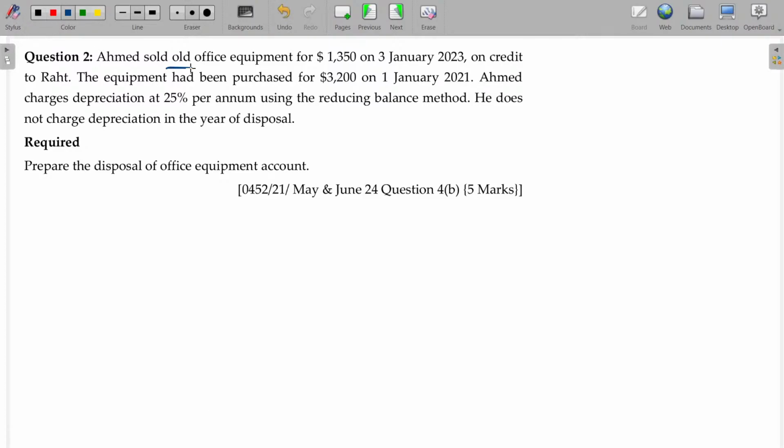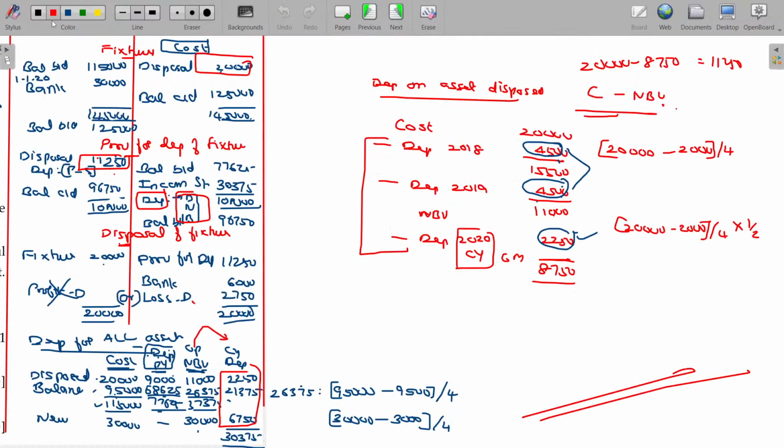Ahmed sold old office furniture for $1,350 on 3rd January 2023 on credit to Rahat. The equipment had been purchased for this much. You have to prepare only the disposal of office equipment account. So this illustration is a comprehensive one.